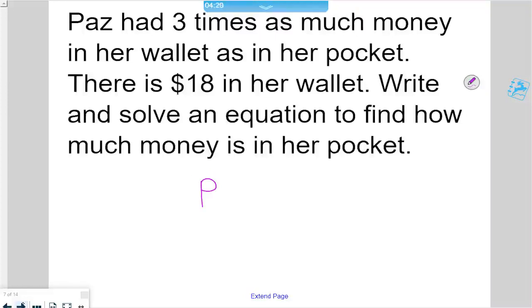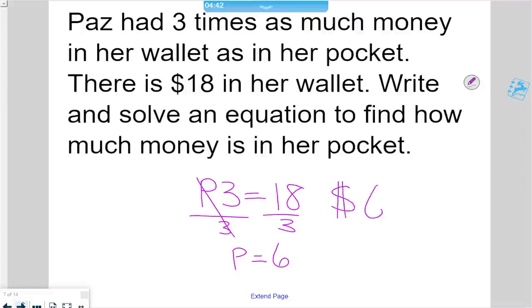So Paz had 3 times as much money in her wallet as in her pocket. So we're going to do 3P equals 18. So divide by 3, divide by 3, leaves us with P equals 18 divided by 3 is 6. So she had $6 in her pocket.